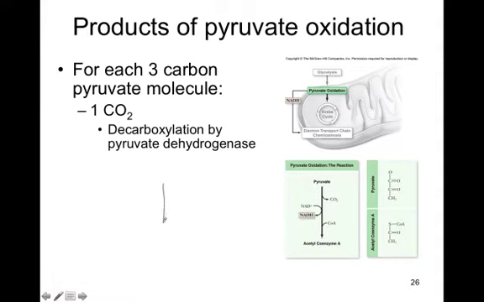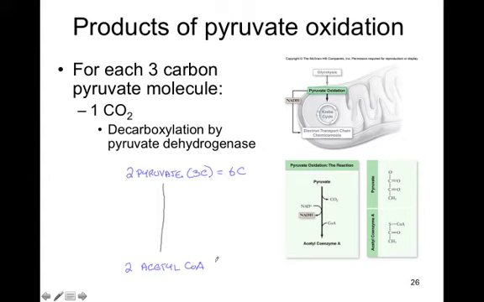I'd have a straight line. I like to track all of the carbons that were initially there in glucose. So before we start, we have 2 pyruvate, which are 3 carbons each, equals 6 carbons. At the end, when we consider carbons, we have 2 acetyl-CoA.